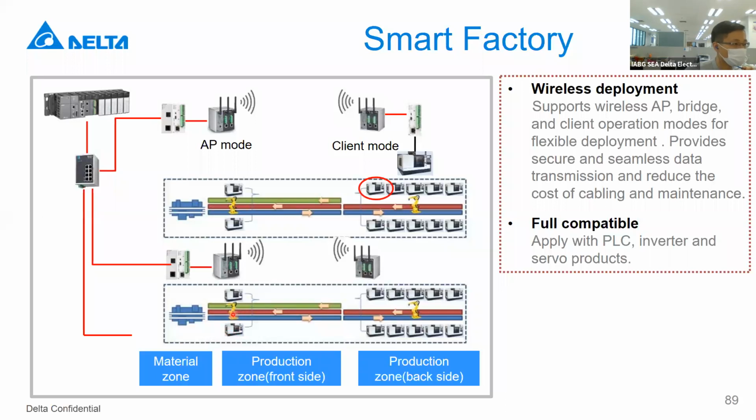I remember in this case we have more than 10 wireless Ethernet switches to cover all the area of the factory. Maybe some are in AP mode, some in client mode, and some in repeater mode to build up the network.